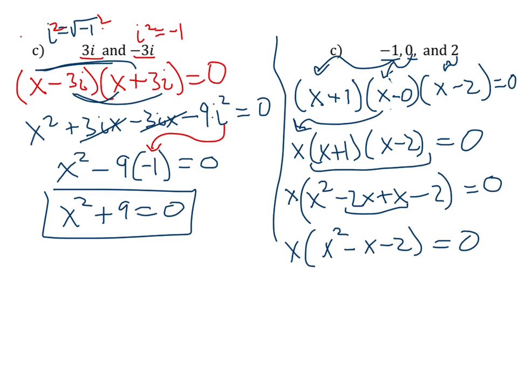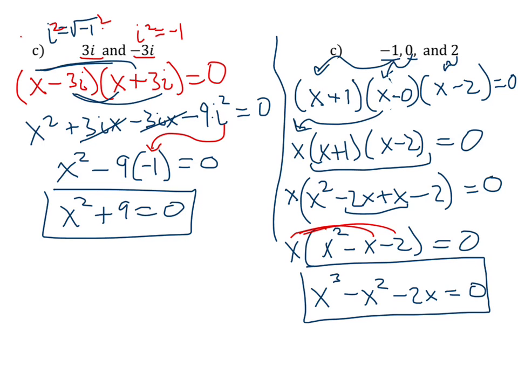And so now we're going to distribute this thing, and we're going to end up with our final solution: x times x squared gives us x cubed. We have x times negative x, that's going to be x squared. And then we have x times the negative 2, and that will give us a minus 2x equals 0. So we get a cubic equation, third degree. So that's how we can build an equation out of the zeros.